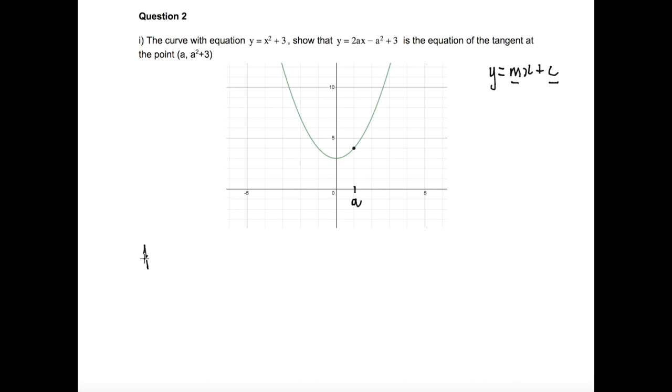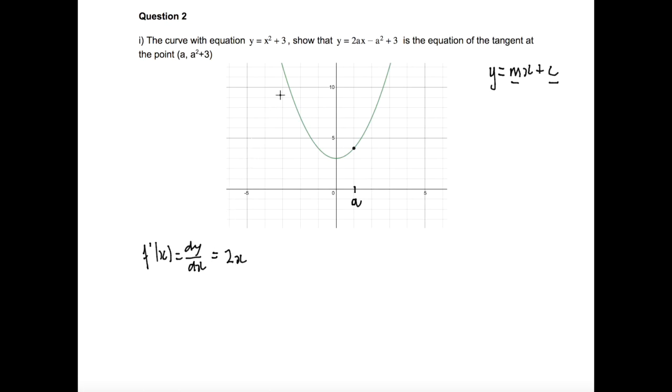So f dash x, or dy/dx in this case, is equal to 2x, just 2x. Just to make that clear, this is y equals x squared plus 3, and the derivative function is just 2x.